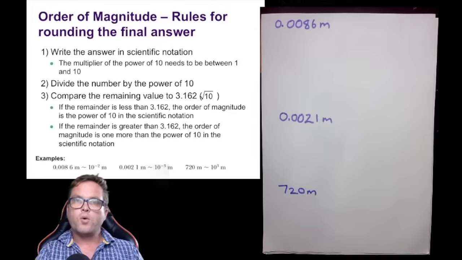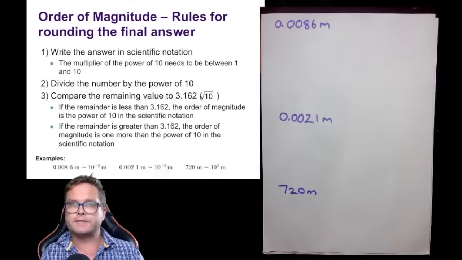What we're going to be doing now is looking at the rules for rounding the final answer. So imagine we've just done an order of magnitude calculation and we've come out with an answer, and I would like to round it to a power of 10. How will we do that? We'll do that following this recipe shown on this slide.